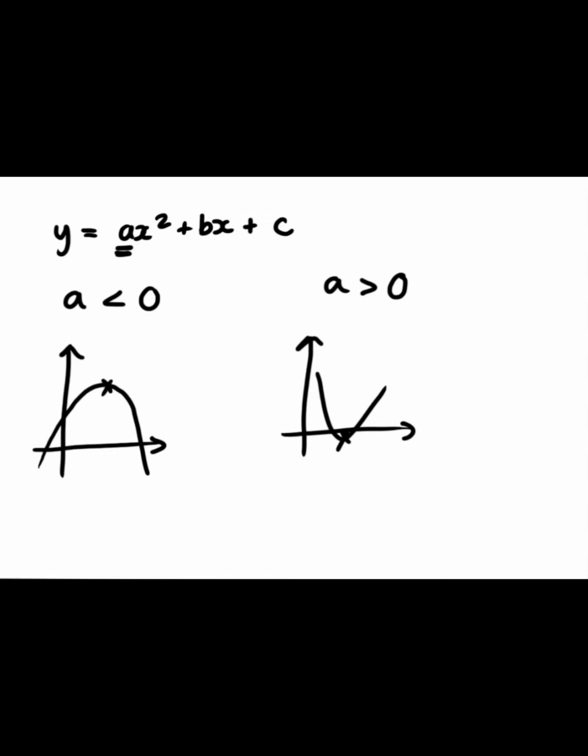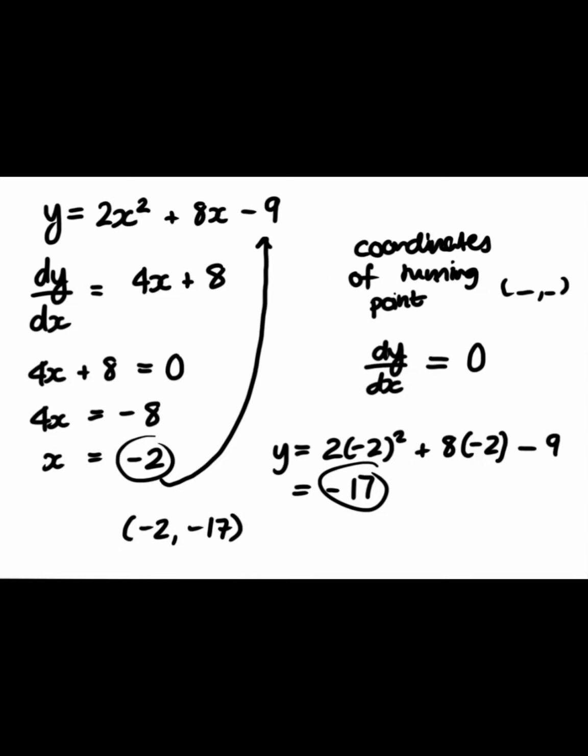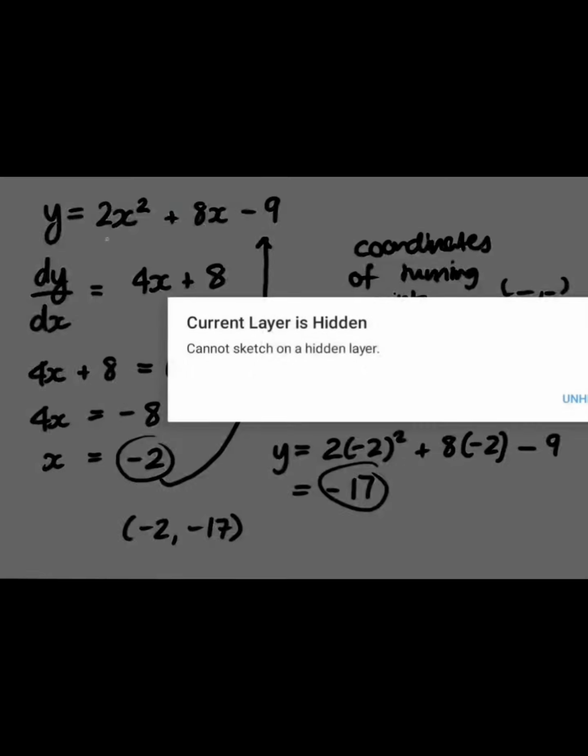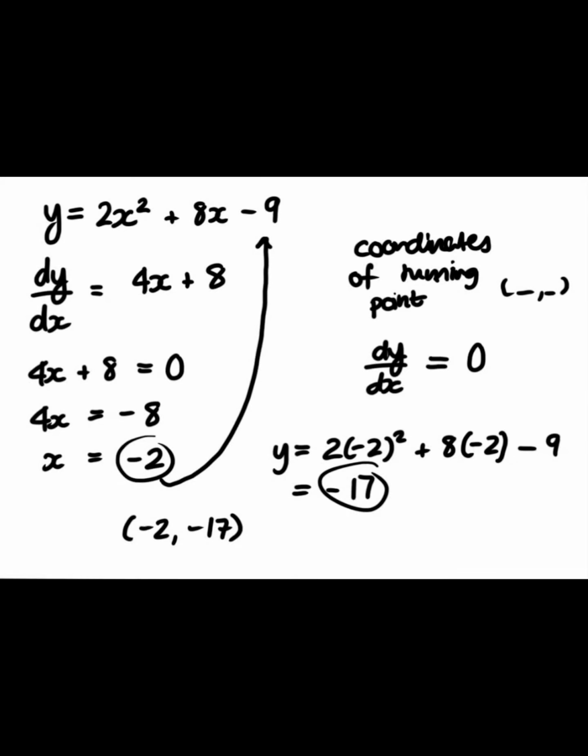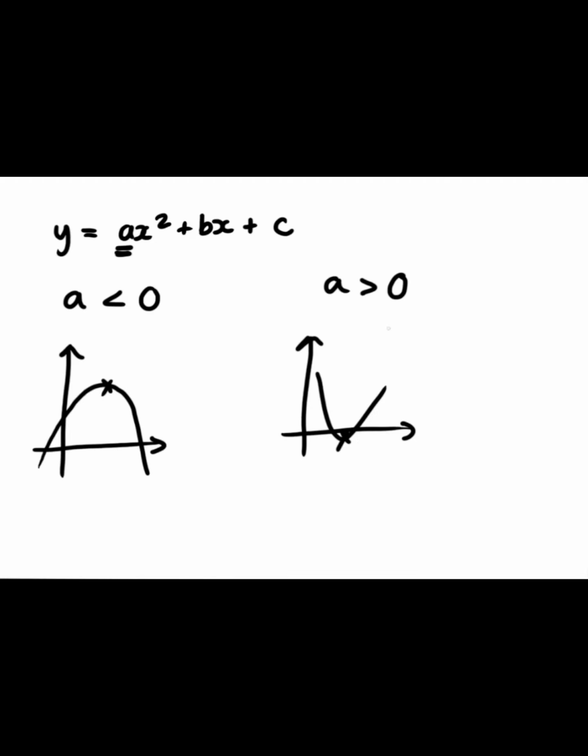If we go back to the question that we just did, we had y equals 2x squared, and the 2 is positive. So that's how you know that the graph must have a minimum point, because a is greater than 0.